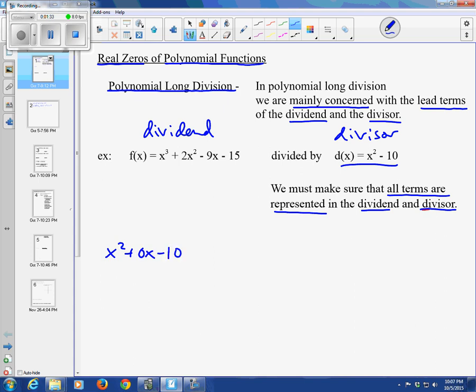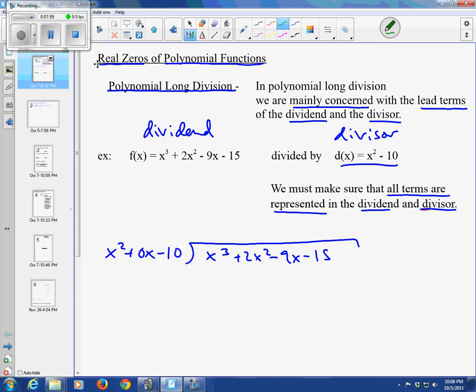So that 0x is really just 0, but it's a 0 term that's going to hold the place of the linear term. So when we do our polynomial long division, our like terms will match up. So right here we are dividing our x cubed plus 2x squared minus 9x minus 15.